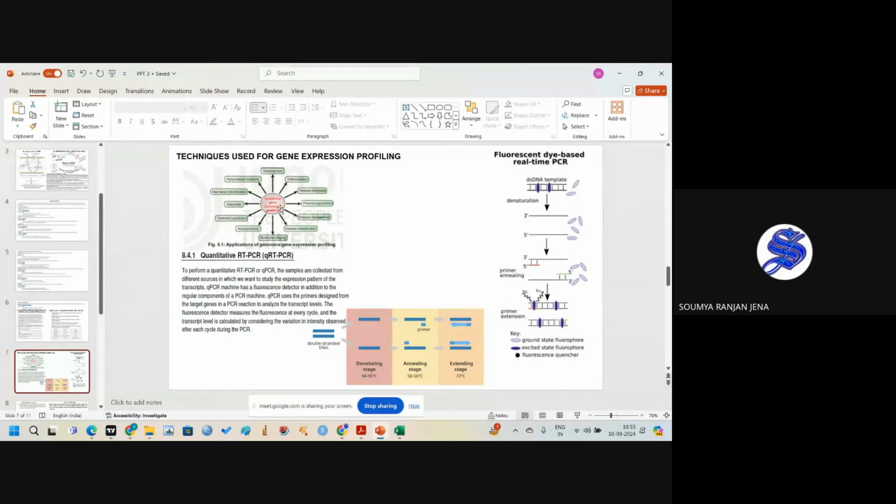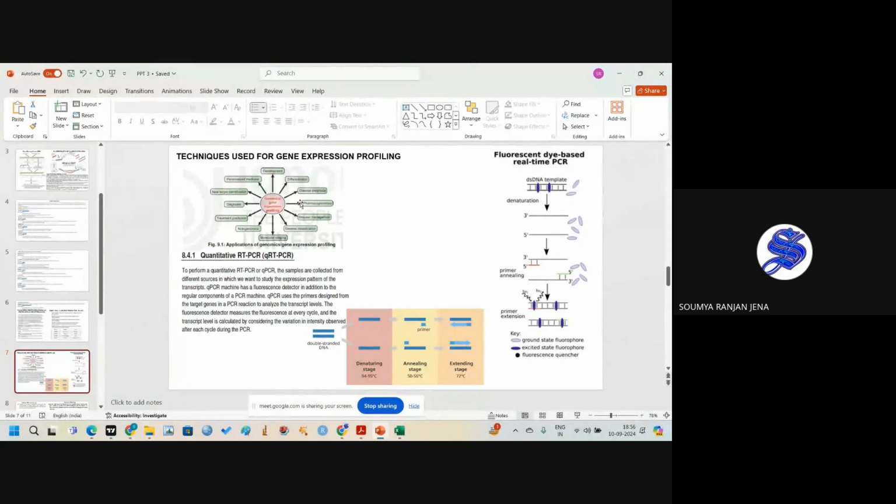For genomics or gene expression profiling, you can study development, differentiation, how disease progresses, pharmacogenomics, disease management, how we will manage that disease, disease classification, molecular staging, nutrigenomics, treatment prediction, diagnosis, new target identification, and personalized medicine.